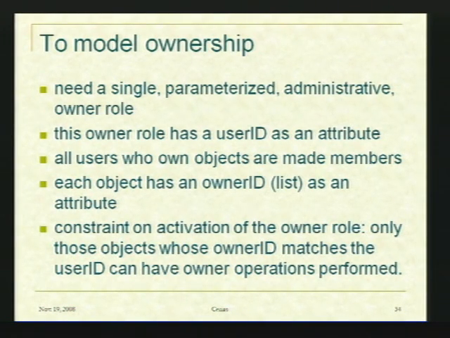So what about parameterized roles? Well, if you keep track of the owner of the object, so for each object you just add another attribute which has either a single owner or a set of owners. When the users activate the owner role, their user ID is used to just, again, instantiate the objects that they have control over with whatever permissions it is that you want to put in this owner role.